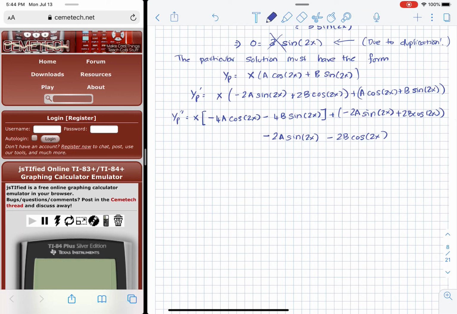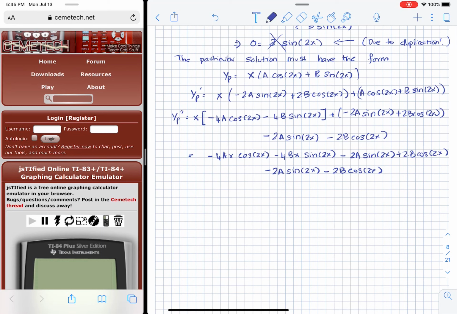Let's simplify before proceeding. We would have minus 4ax cosine 2x minus 4bx sine 2x minus 2a sine 2x plus 2b cosine 2x minus 2a sine 2x minus 2b cosine 2x, that would be y double prime.